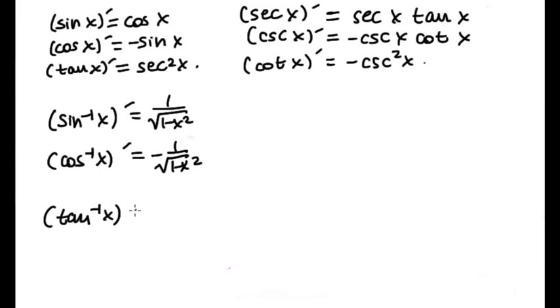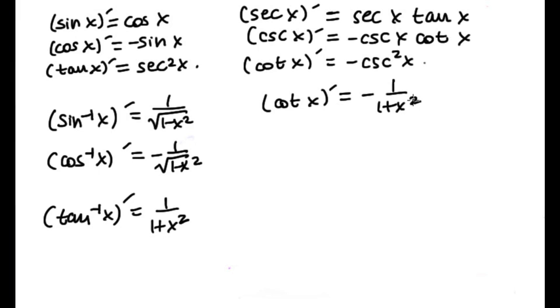Inverse tan is going to be positive 1 over 1 plus x squared. Inverse cotangent is going to be negative 1 over 1 plus x squared.